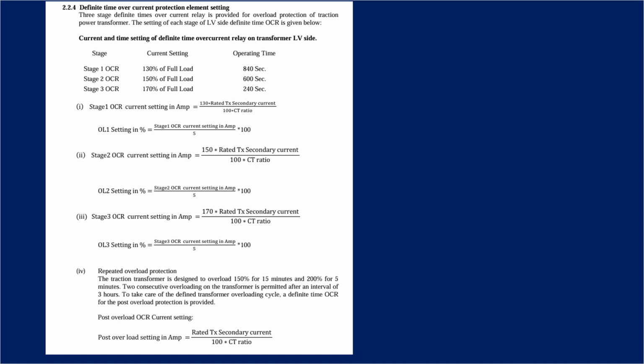So I think you can calculate this from the HV side. This is overload setting 1, overload setting 2, overload setting 3. The same system is followed, but the percentage has changed, 10% reduced. On the HV side it is 140, 160, 180, and here it is 130, 150, 170. The post current setting is taken as 100% for the LV side, and for the HV side it is 110%.